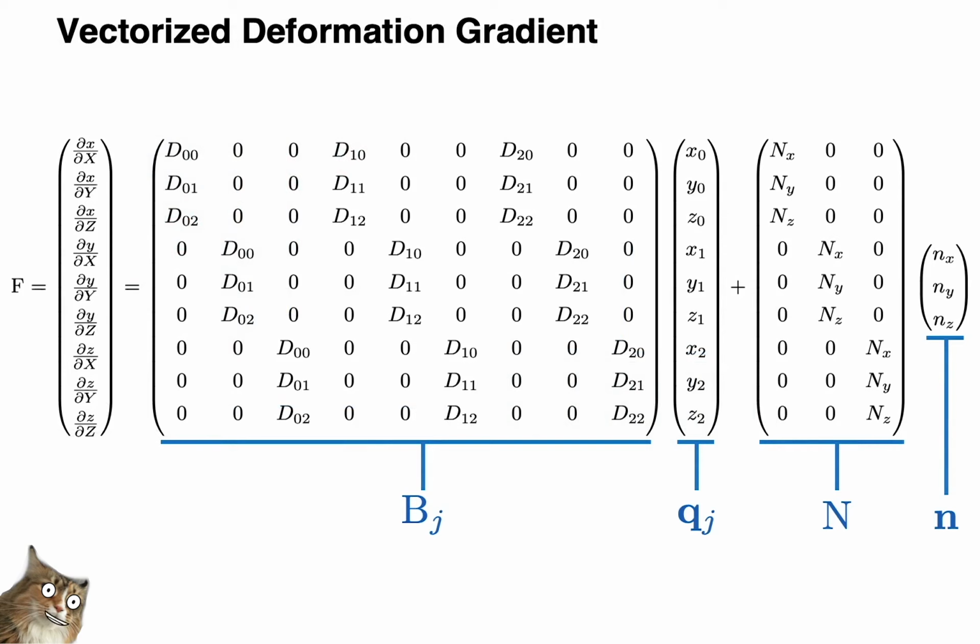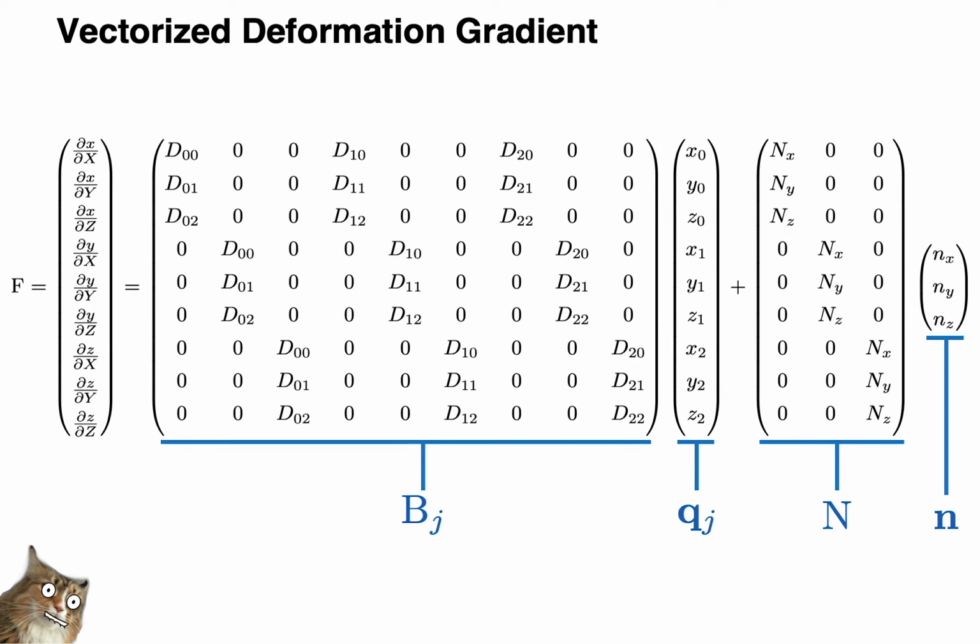This shares some similarities with the tetrahedral case. Note the appearance of the B matrix, which contains our shape function gradients, which we store in the D matrix. However, an extra term involving the deformed and undeformed unit normals, n and capital N respectively, has appeared.